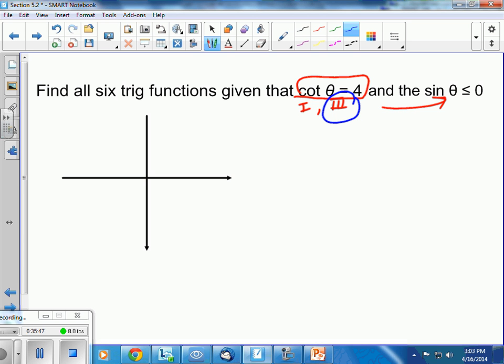The cotangent of theta, being 4, means my tangent of theta would have to be 1/4. Keeping in mind that the tangent is y over x, I then know that because it's really in quadrant 3, it's when y is -1 and x is -4.